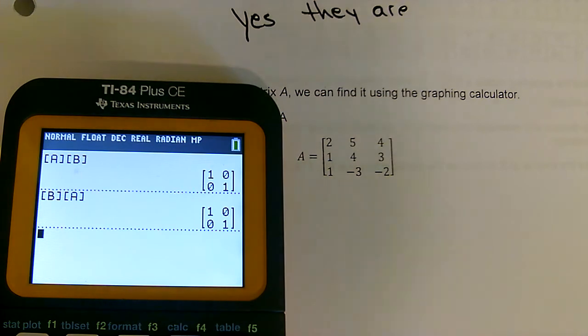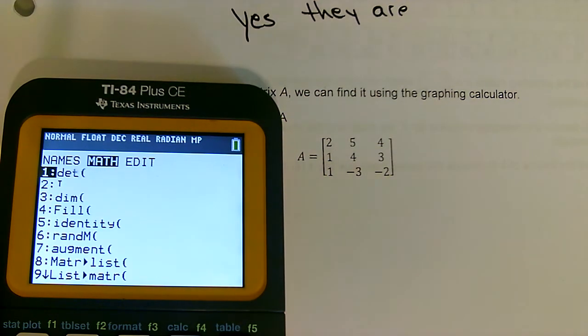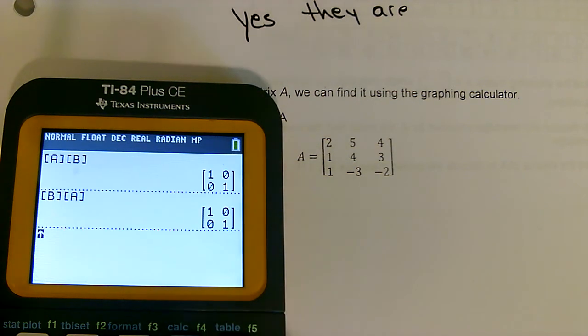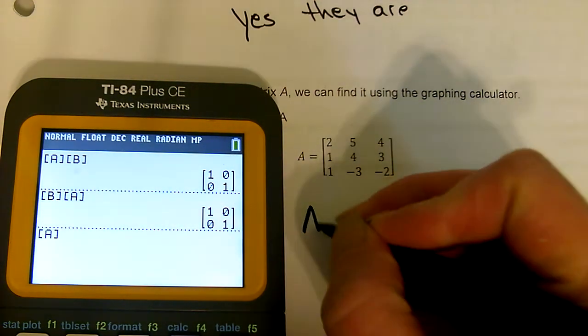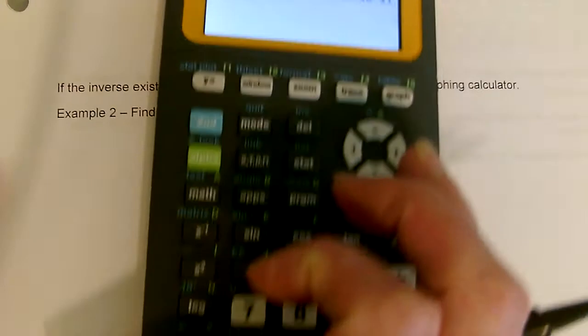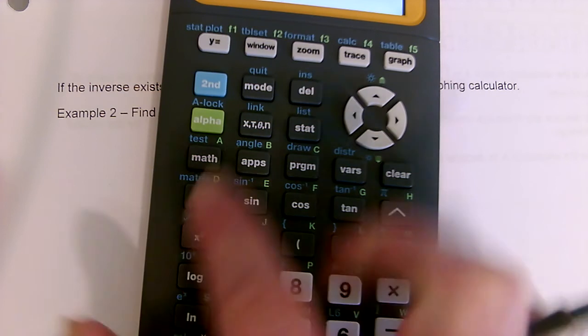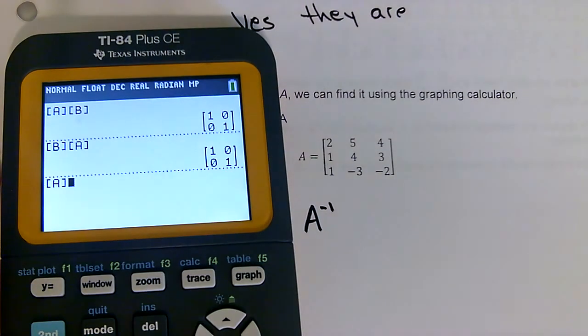So we're going to go back into the matrix, and we're going to go to math. No, we're not. Oh my goodness. Okay, we're going to go back into the matrix and pull up A. Inverse is denoted by that -1 in the exponent. And if you notice, the matrix is on top of my inverse button. That's the inverse.